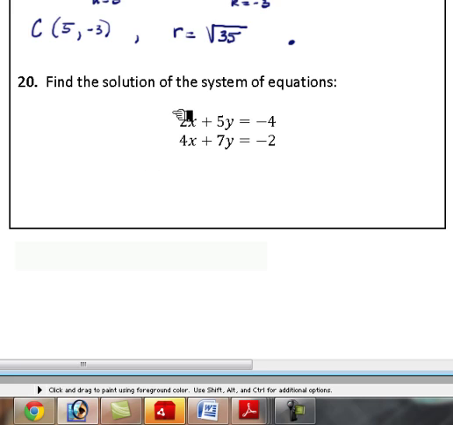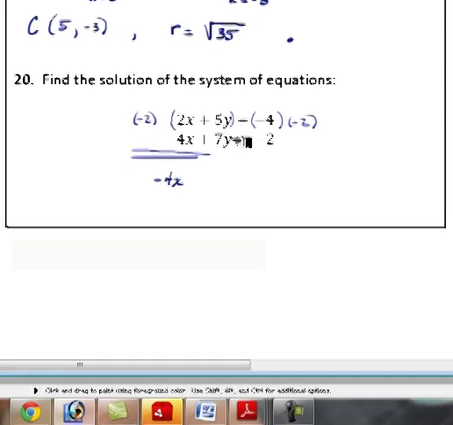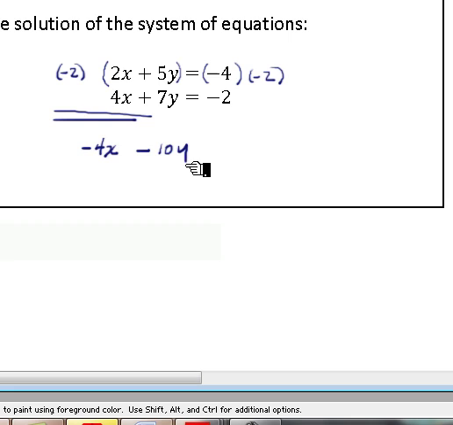All right, so let's do that. Let's multiply both sides here by -2. Let's rewrite our system underneath. So here we have a -4x and -10y is equal to +8.